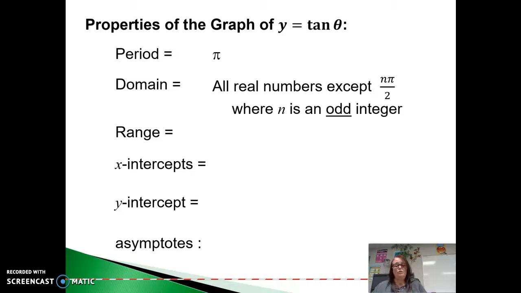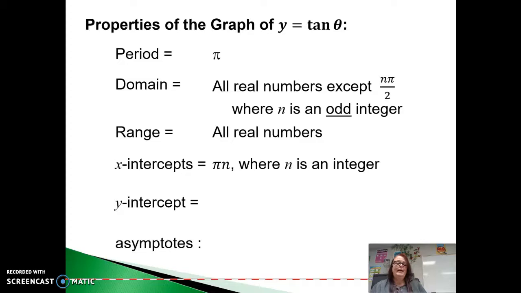My range also changes because we're not just oscillating between -1 and +1. That's the one that's all real numbers because I'm going to follow the asymptote up, and I'm going to follow the other asymptote down. So my x-intercepts occurred at 0, at pi, and at 2 pi. And so we can say that my x-intercepts occur at pi n, where n is an integer.